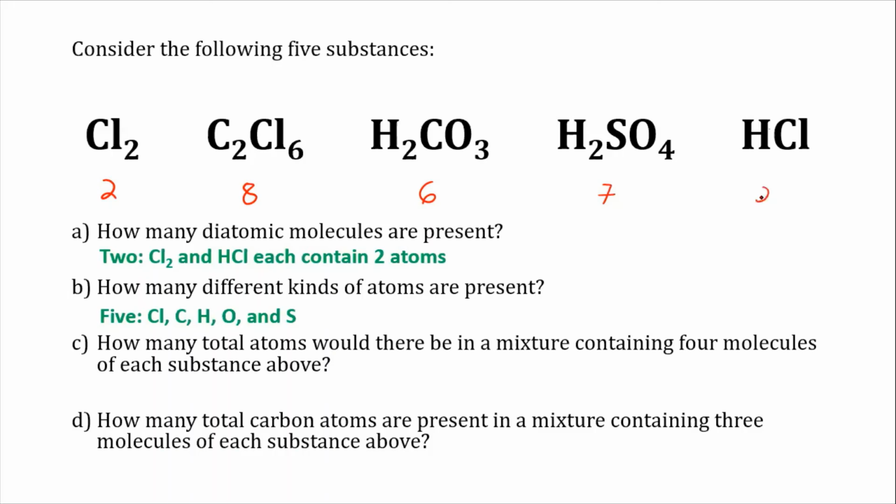And in HCl, we have 2 atoms. So if we add these all up, 2 plus 8 plus 6 plus 7 plus 2, we have 25 atoms if we mixed 1 molecule of each.